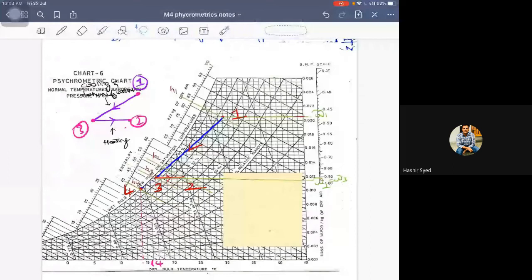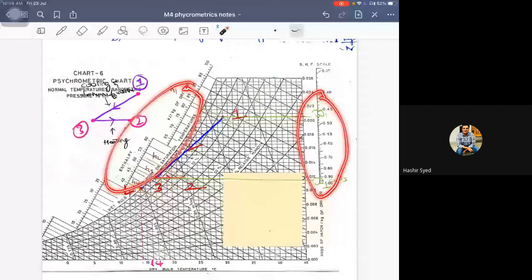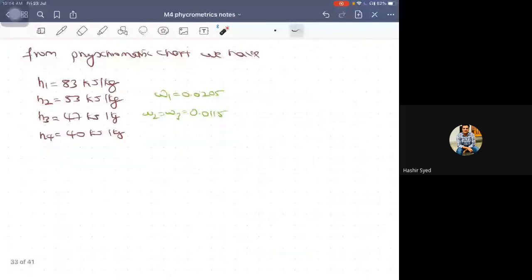What we have done is we have drawn the process onto the psychrometric chart and we have extracted all the values of enthalpies and all the values of the specific humidities. These two things we have done, and we have listed all these values below here, isn't it? So until here, is everything clear?